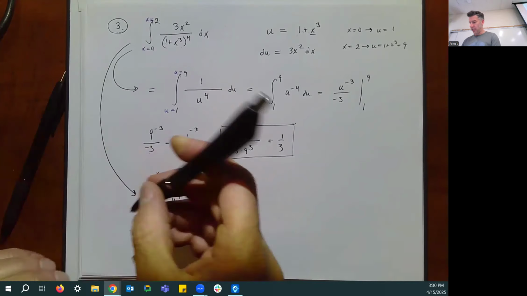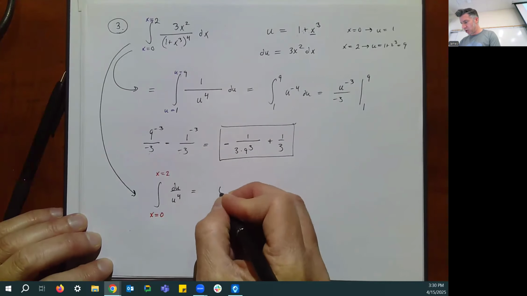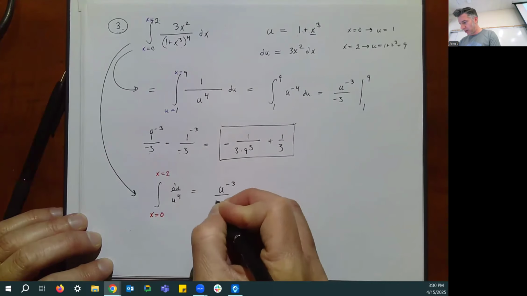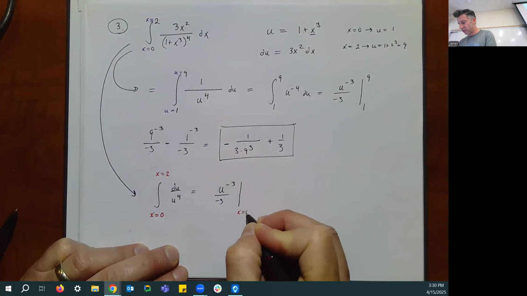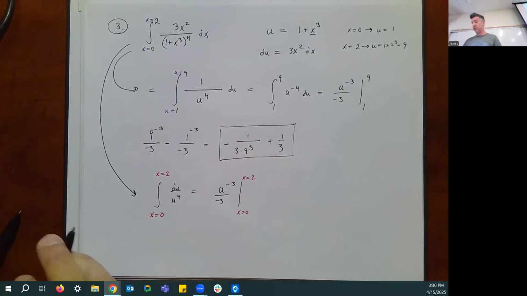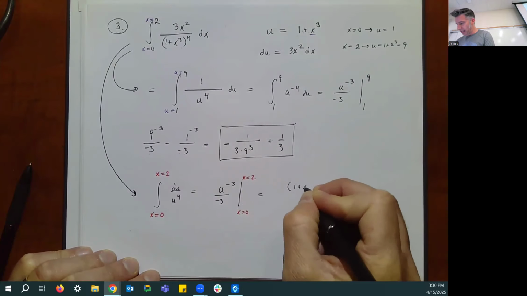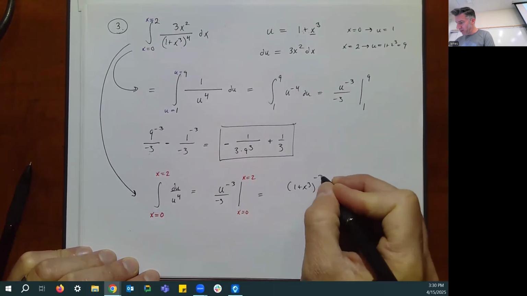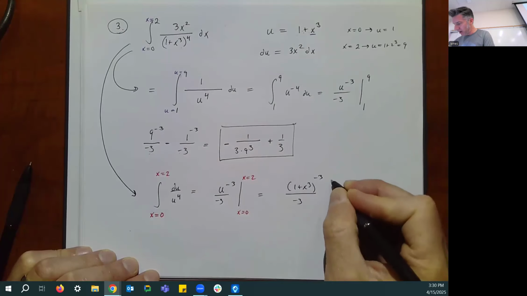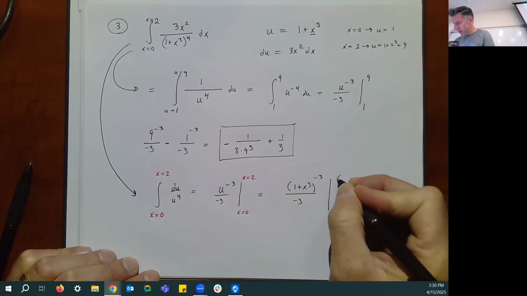So then we anti-differentiate, we get u to the negative third divided by negative 3, evaluated from x equals 0 to x equals 2. And then we have to take the extra step, in my opinion, of changing back to x's. And this is going to be 1 plus x cubed to the negative third power divided by negative 3, evaluated from x equals 0 to x equals 2.